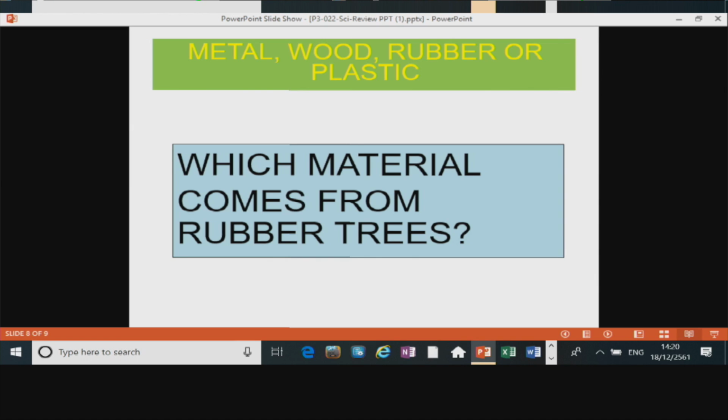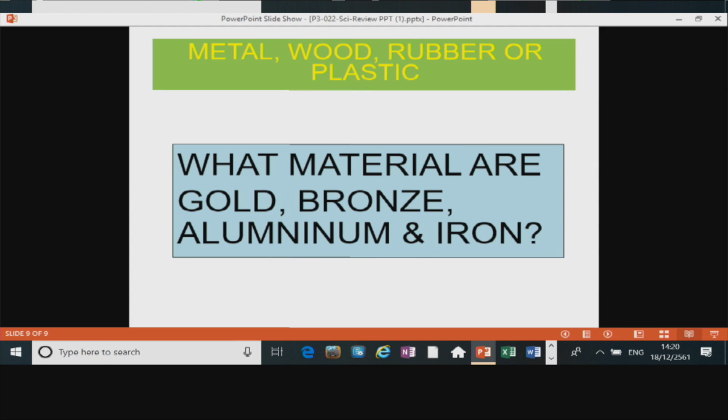Excellent, well done. Okay, what material are gold, bronze, aluminium, and iron? What type of material are they? Metal, excellent. They're all types of metal.